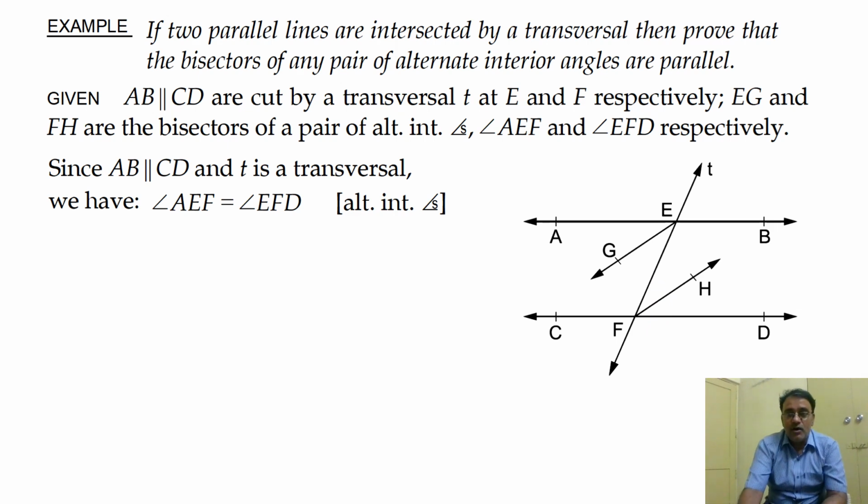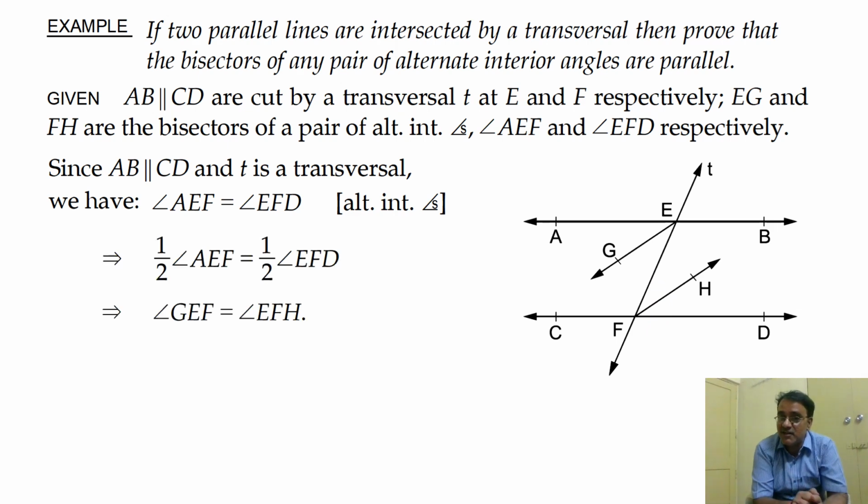Now half of these two angles are equal to each other, right? Now in the question it is given that EG and FH are the bisectors, so we conclude that these two angles are also equal, angle GEF equals angle EFH.